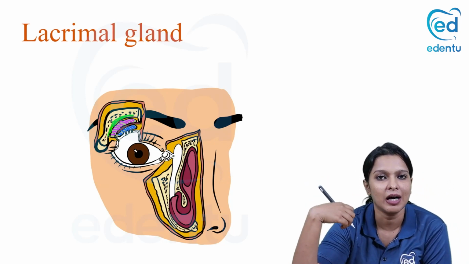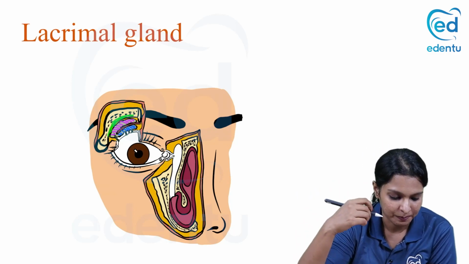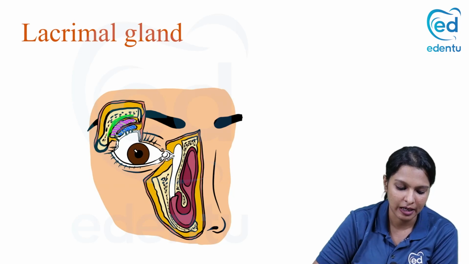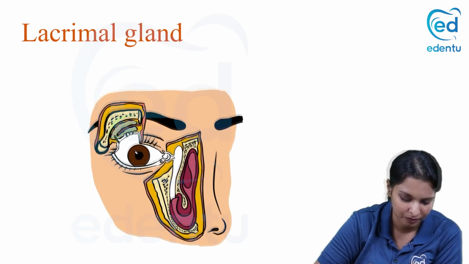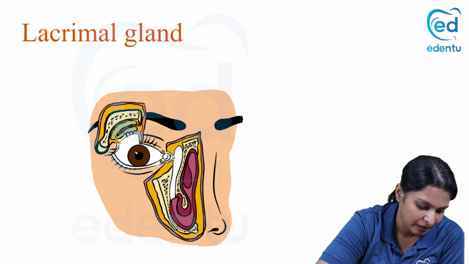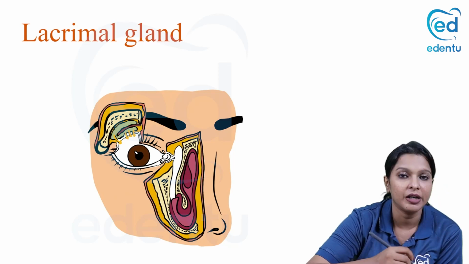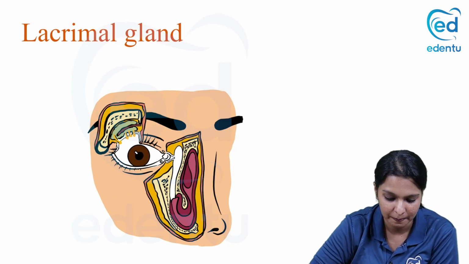Palpebra refers to the eyelid. This orbital part is the larger component. From both the parts there are numerous ducts. So these are all the ducts, draining the secretion into the conjunctival sac.